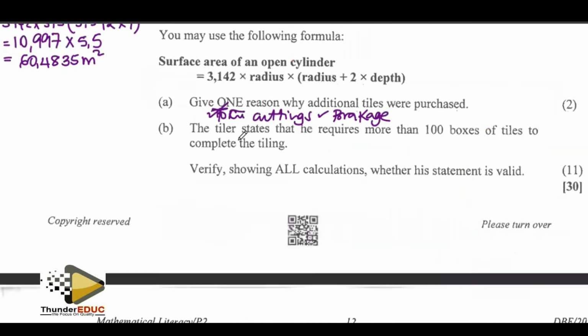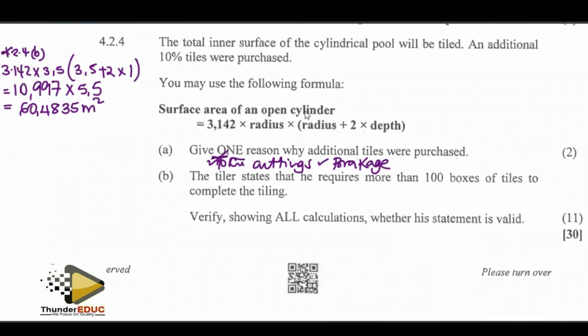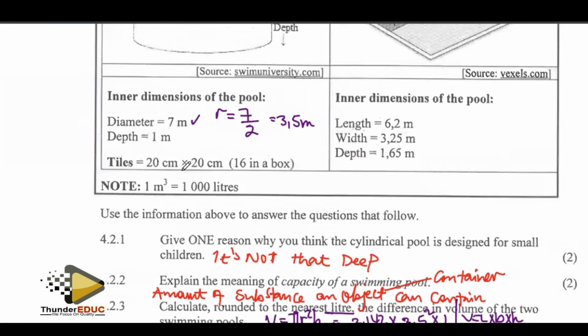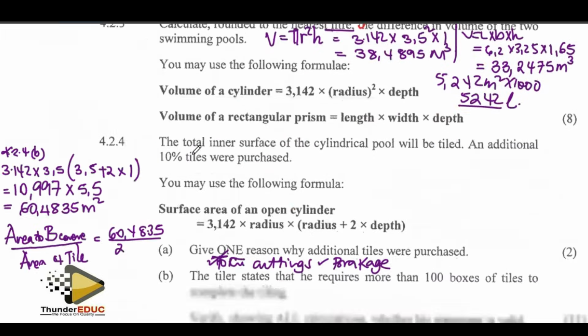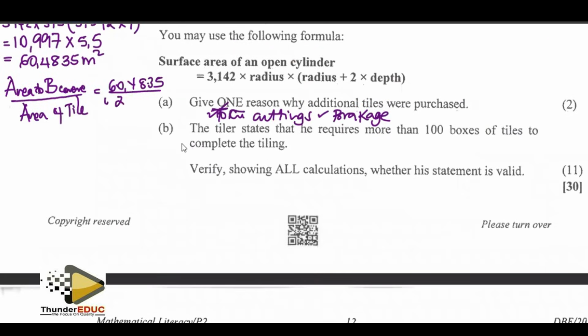Then for you to find out the number of tiles to be used, we shall get the area to be covered divided by the area of only one tile. So we shall get the 60 divided by, look at the measurements for the tiles, 20 centimeters, so change it to meters, which is 0,2 times 0,2.